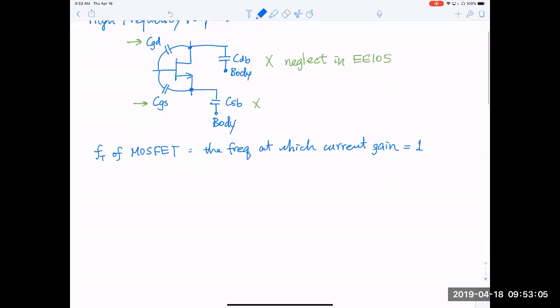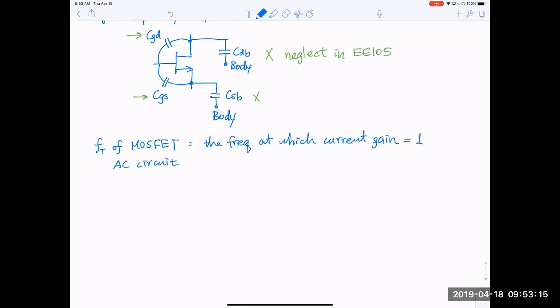So what does it mean? It means if I draw an AC equivalent circuit, not a hybrid pi model, just a circuit, kind of the simplest case, I have a transistor, I apply a small signal current source, so this is the I that I applied, and I evaluate the load with a short circuit.